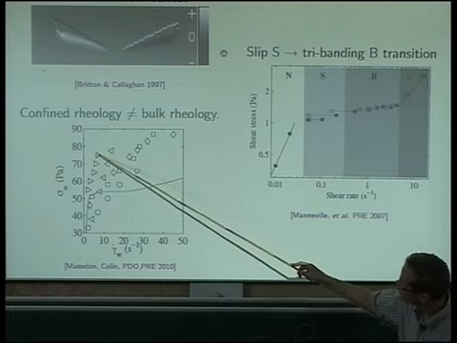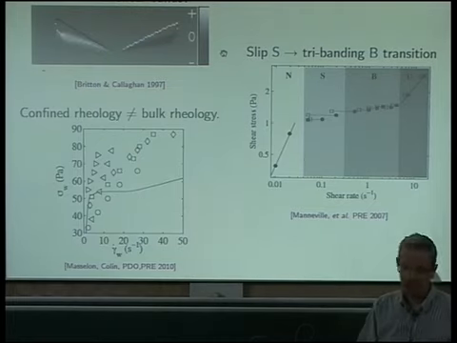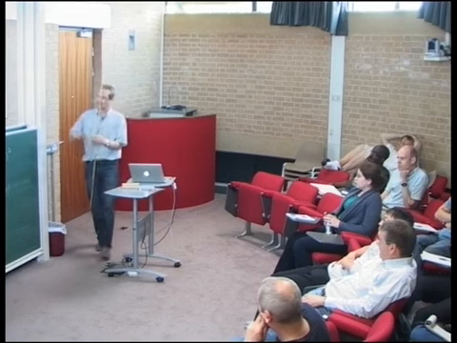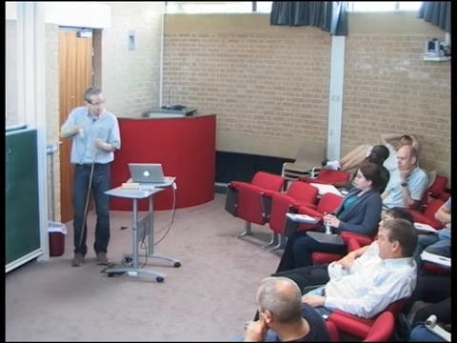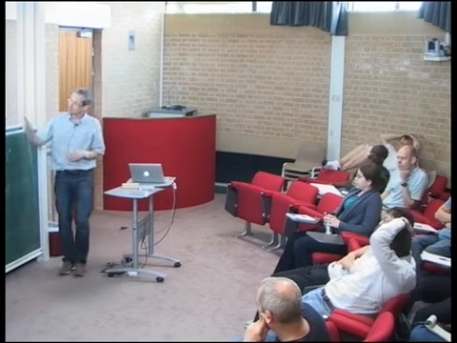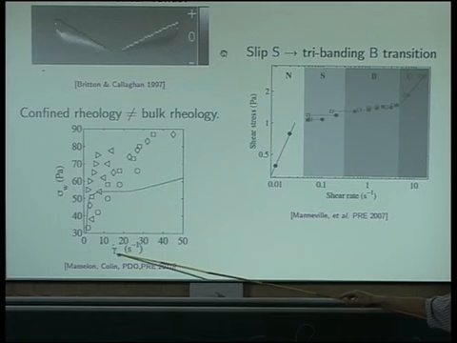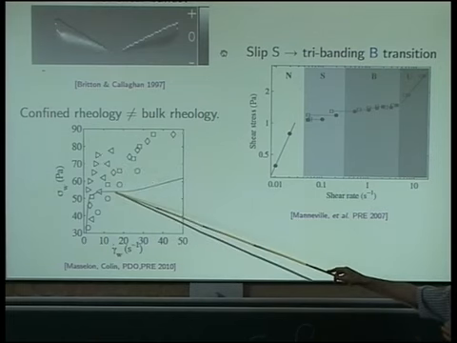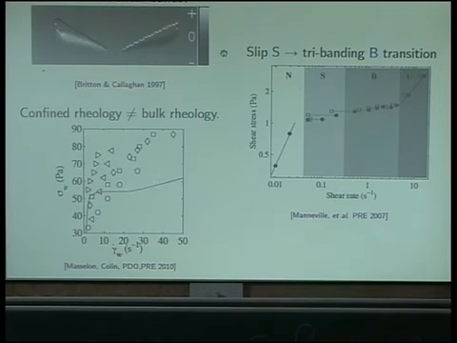And the symbols are the relation between the wall stress, which they know because they can work that out from the flow of the material through it, and also visualizing the local shear rate. So they have a relation between the wall stress and the shear rate at the wall. And near the wall, you can see that the material doesn't follow at all the bulk constitutive relation in a variety of cases.